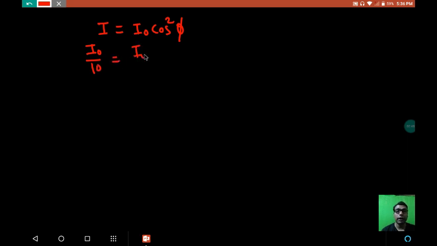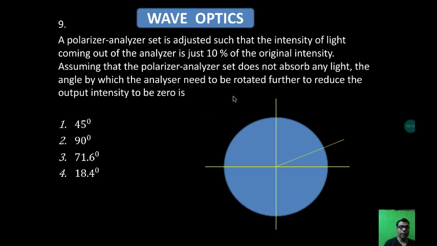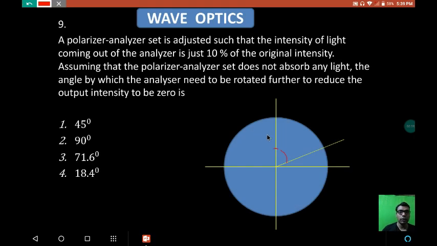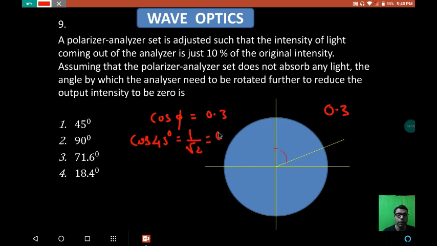I naught cos square phi equals I naught by 10, so cos phi comes to be 1 over root of 10, which is approximately 0.3. Now we know that cos of phi is equal to 0.3, and we also know that cos of 45 degrees is 1 by root 2, approximately equal to 0.7.